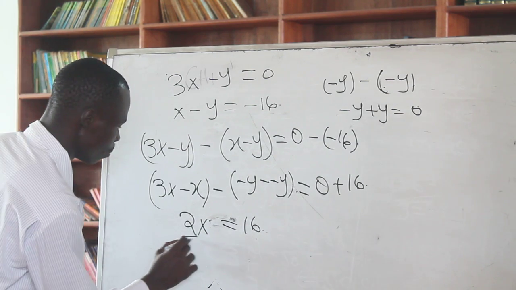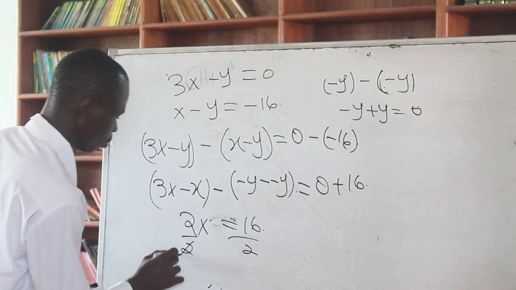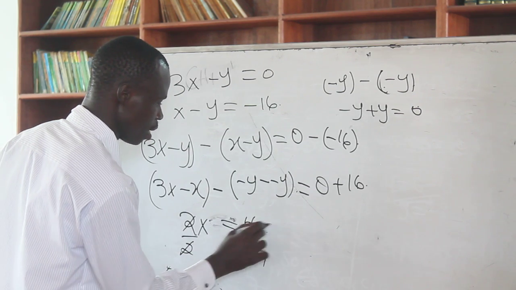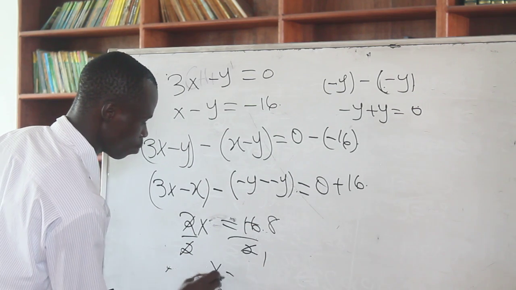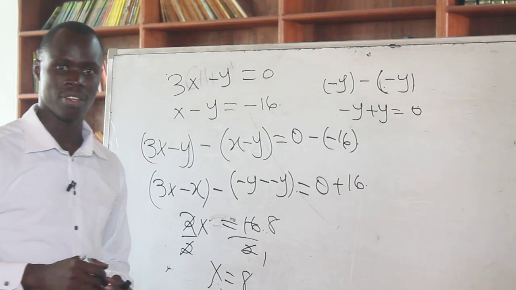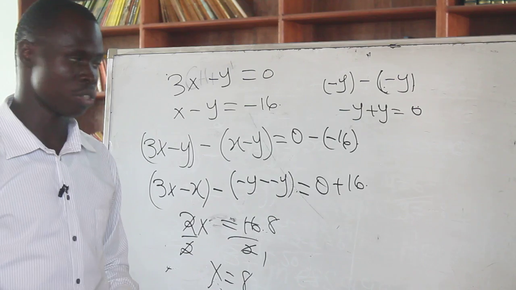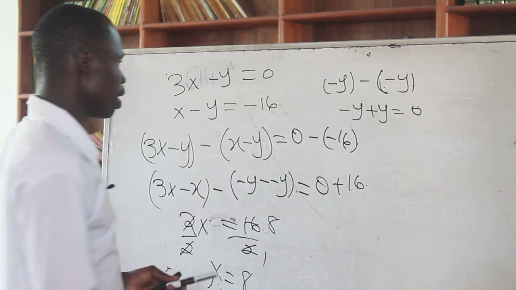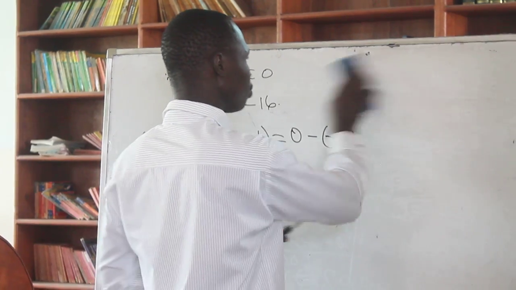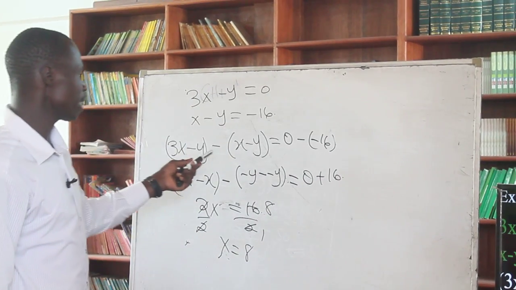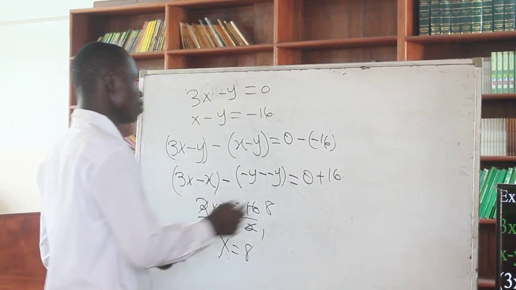So in other words, divide by 2, divide by 2. Here 1, here 8. x is equal to 8. Now, after doing that, we can take any of the two, the one which seems easy.